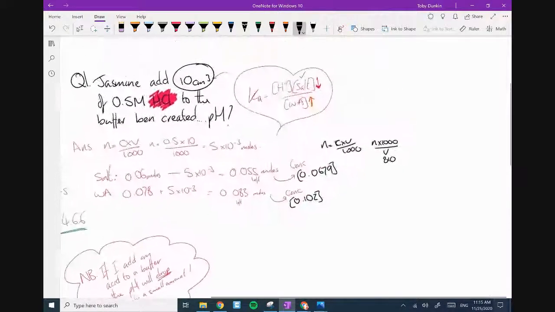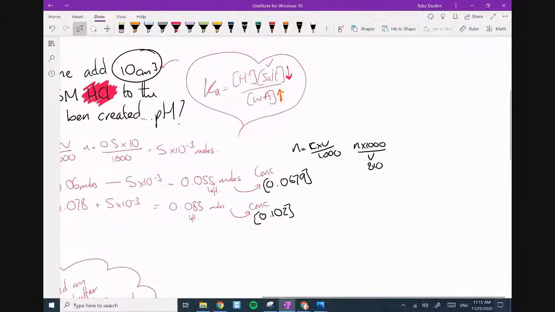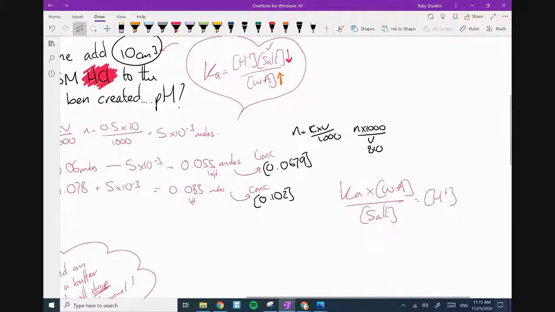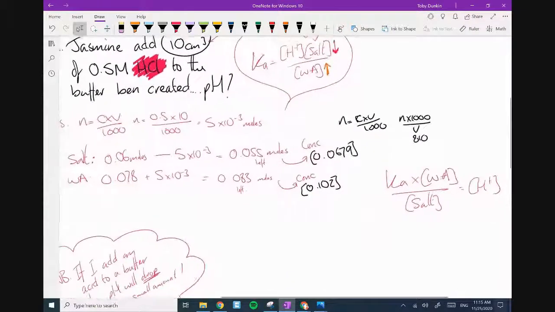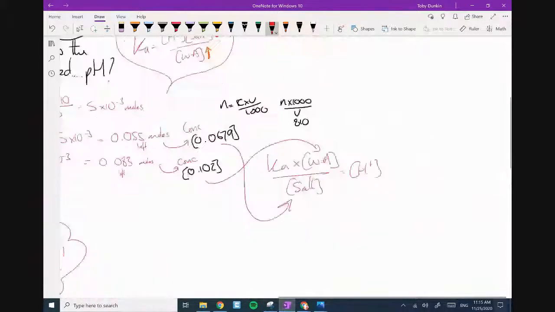Now I input back into my roadmap and reorganize. Ka multiplied by the new weak acid divided by the new concentration of salt gives me H plus. The Ka value has not changed. Insert my numbers. So there's my weak acid, there's my salt. Input them into my calculator.